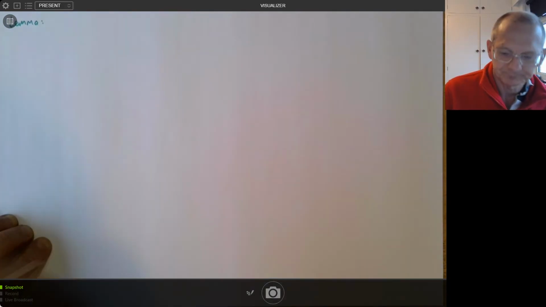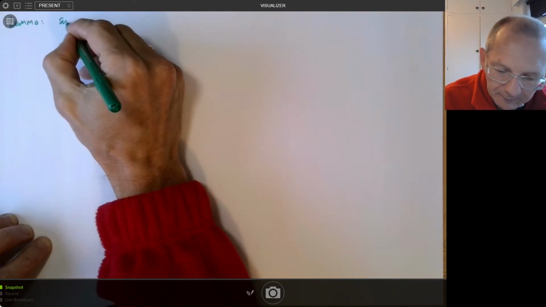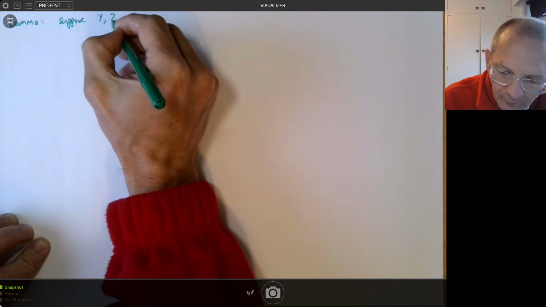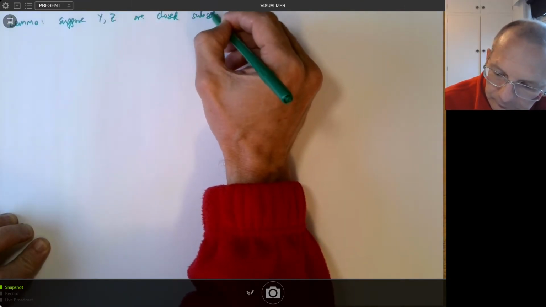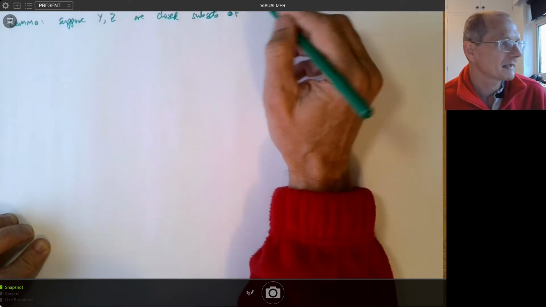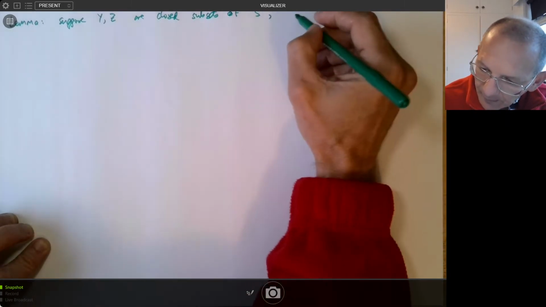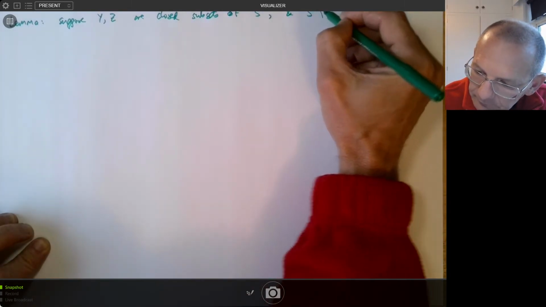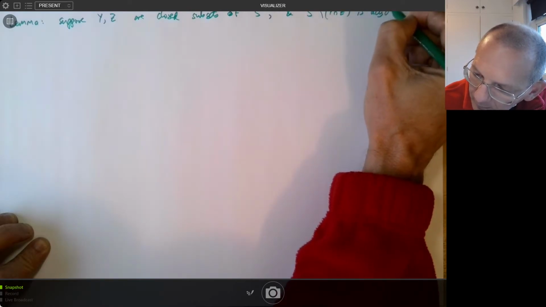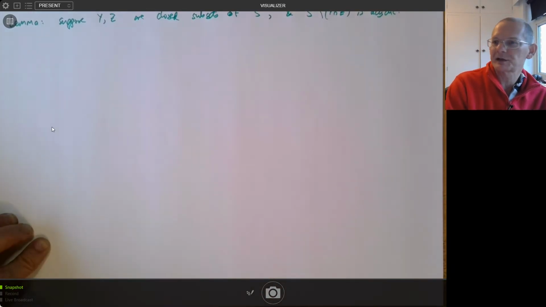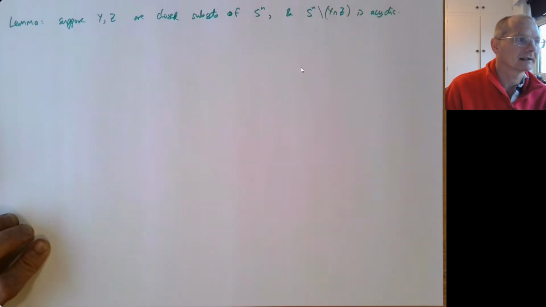So this one is the same sort of setting as the lemma we had a minute ago. Y and Z are both closed subsets of S^n, and we're again going to assume that the complement of Y intersect Z is acyclic.